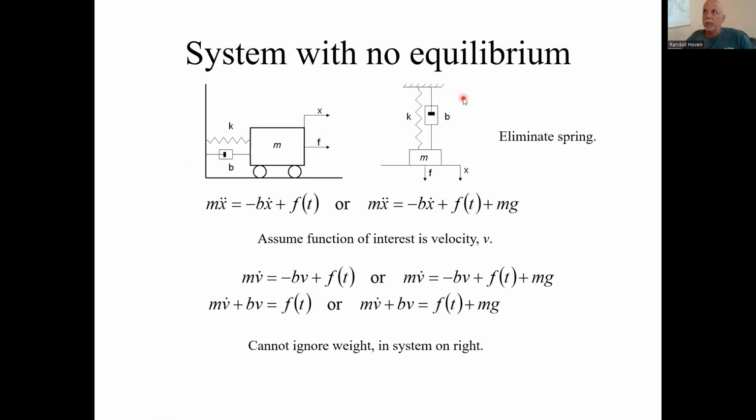You can have a system with no equilibrium. Let's say I took the spring out of these two systems. So it's just a damper. Well, look at this guy. The damper force is just due to the speed of this x.